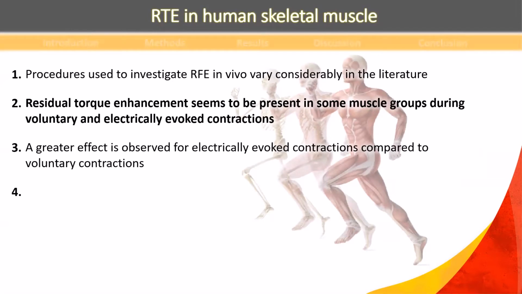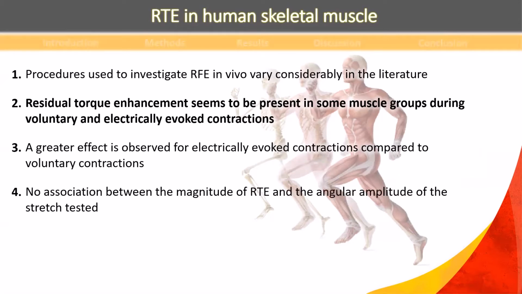A greater effect is observed for electrically evoked contractions compared to voluntary contractions. When studies are pooled, including different muscle groups, activation levels, and phenotypes, no effect of angular stretch amplitude on the magnitude of residual torque enhancement was observed.